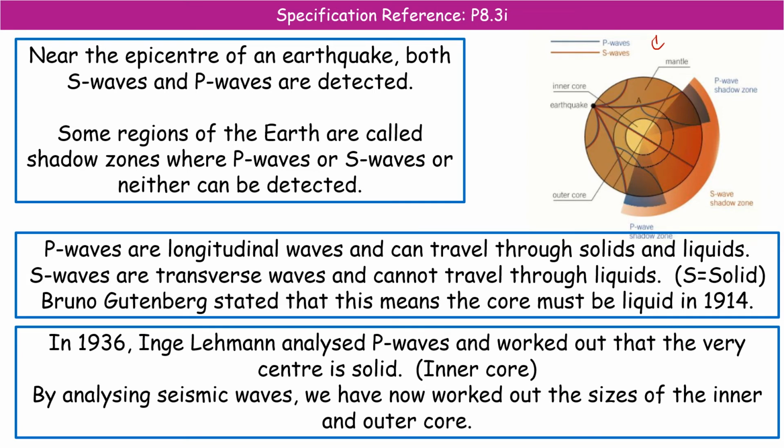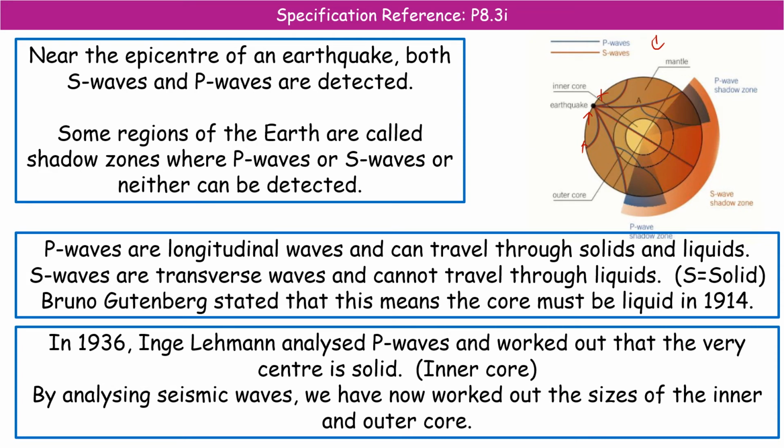So the epicenter of the earthquake is basically where it originates from. Now, at that point, we are going to be generating both S waves and P waves. And if we have our little seismometer anywhere near the epicenter, so here or here, for example, we are going to detect both S waves and P waves.